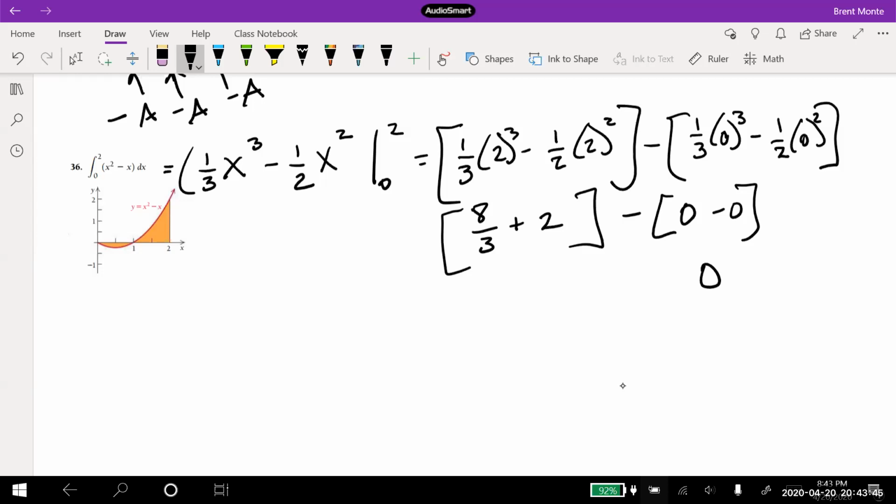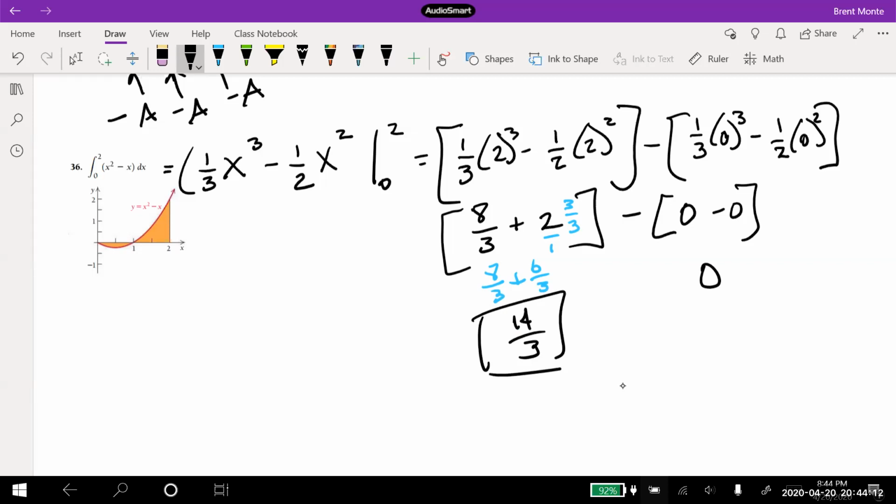You don't actually have to plug it in, as long as you're careful. So let's see. Let's get a common denominator here just so we can add these up. If I multiply this by 3 over 3, that 2 over 1, so that's going to be 6/3. So 8/3 plus 6/3, 14/3 minus 0. So I just have 14/3. That's my answer.